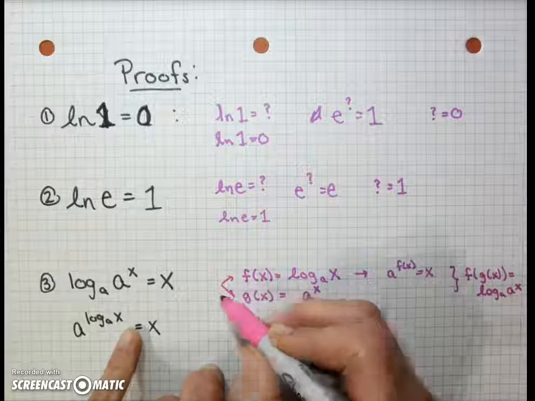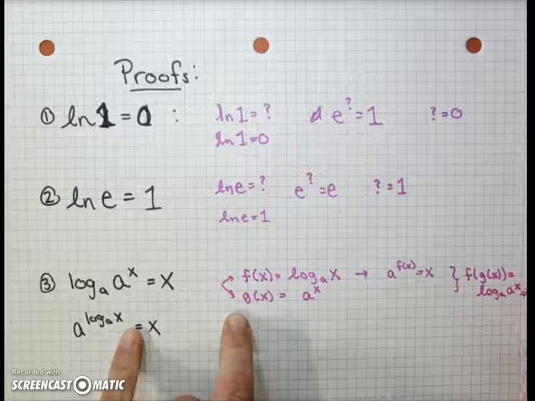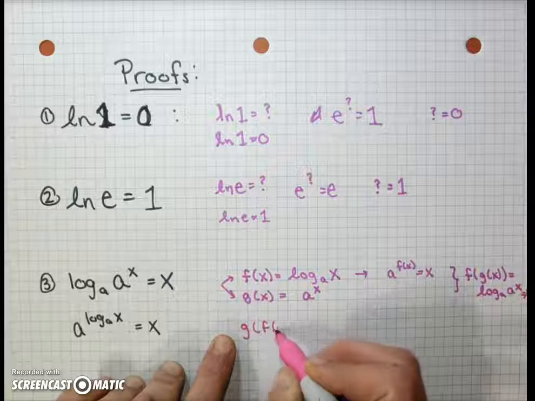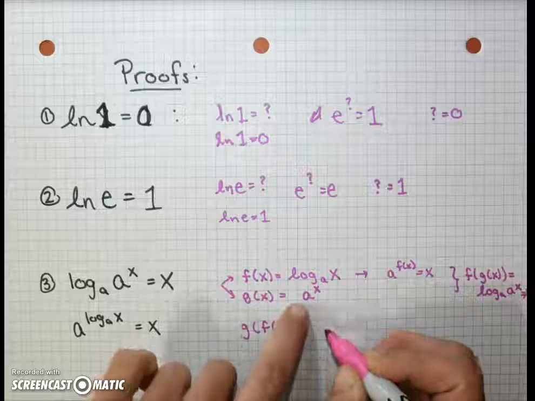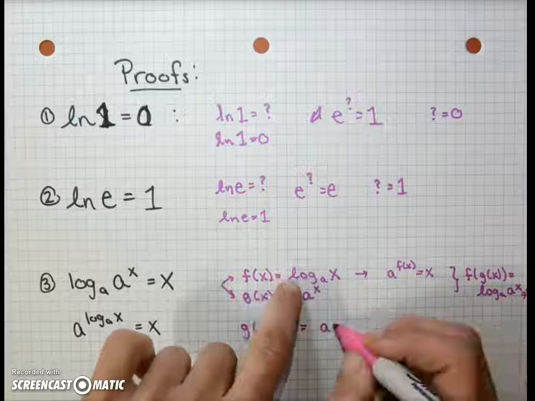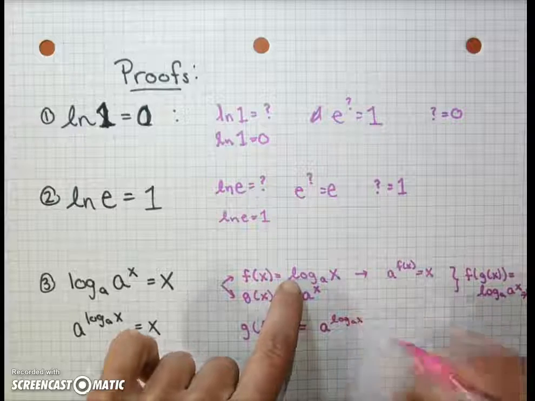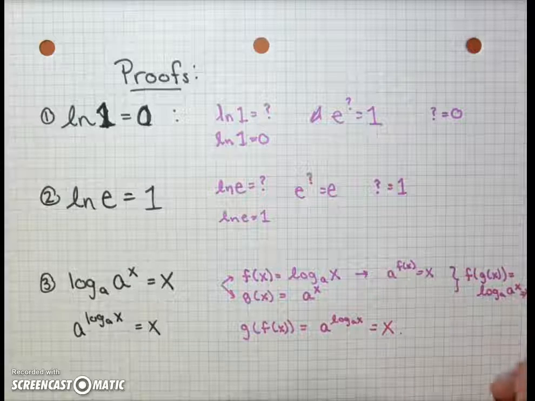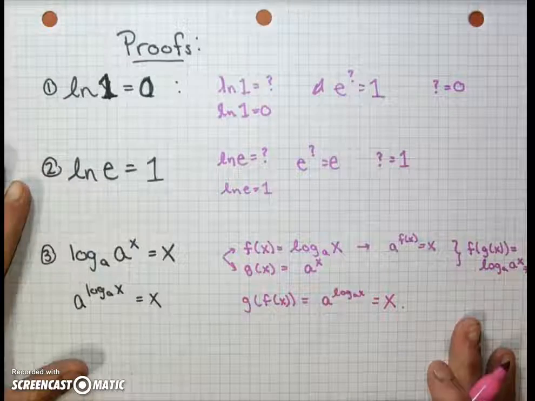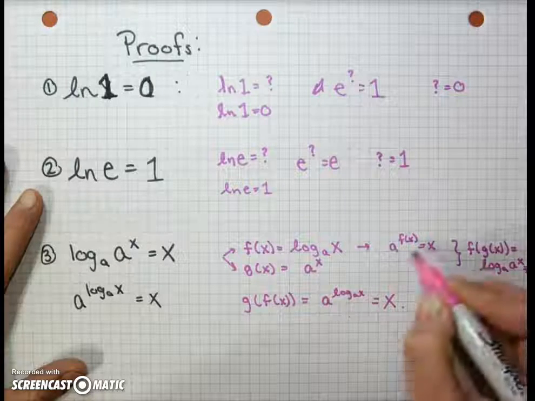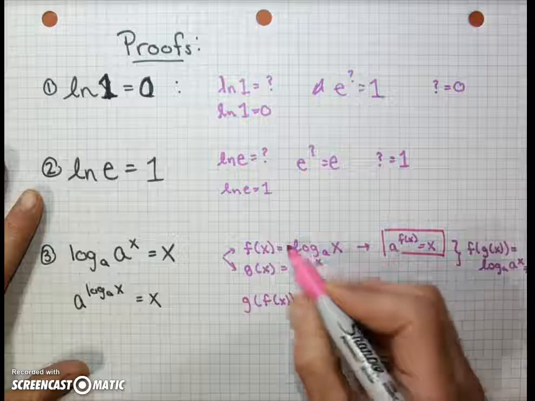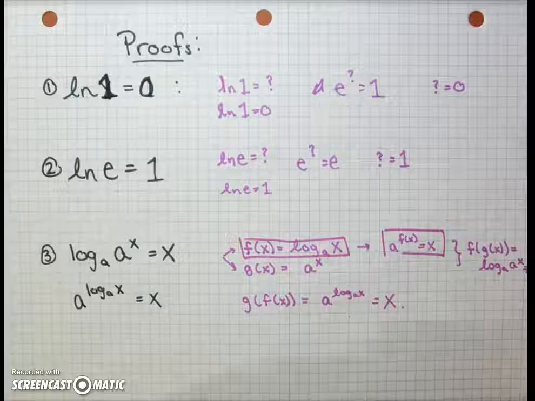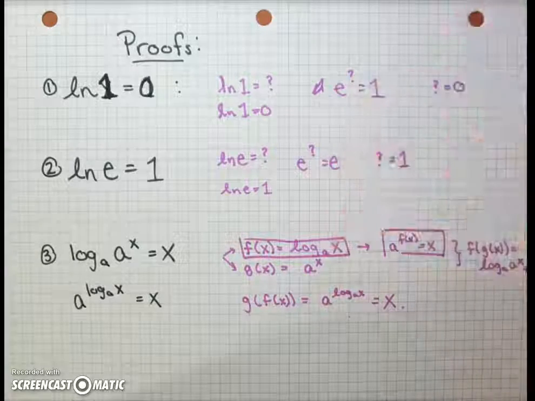These functions are inverses of each other, so I just get x back. And if I compose in the other order, if I do g of f of x, then I'm doing a to the f of x, which is log base a of x. Since these functions are inverses of each other, that will just give me x. And how do we know they're inverses? It just comes from this definition of logs. And check on that video, that will explain this relationship in a little bit more detail.